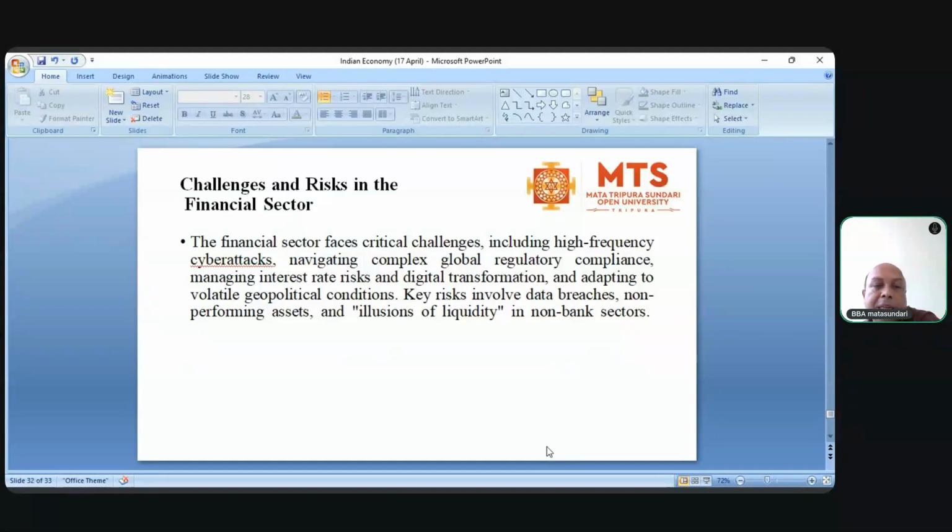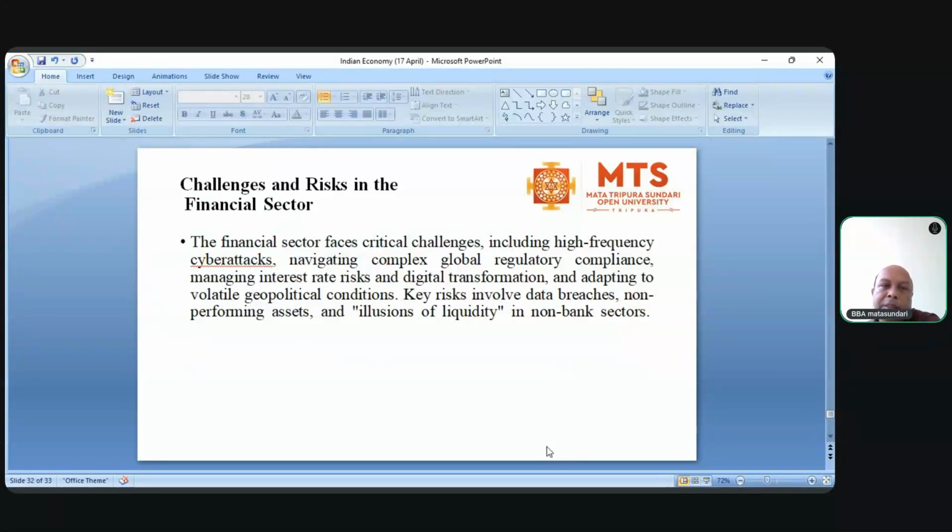Many times it has been found that firms involved in the financial sector are facing loss. Take the example of the banking sector. In the banking sector, non-performing assets are a big challenge for banks.